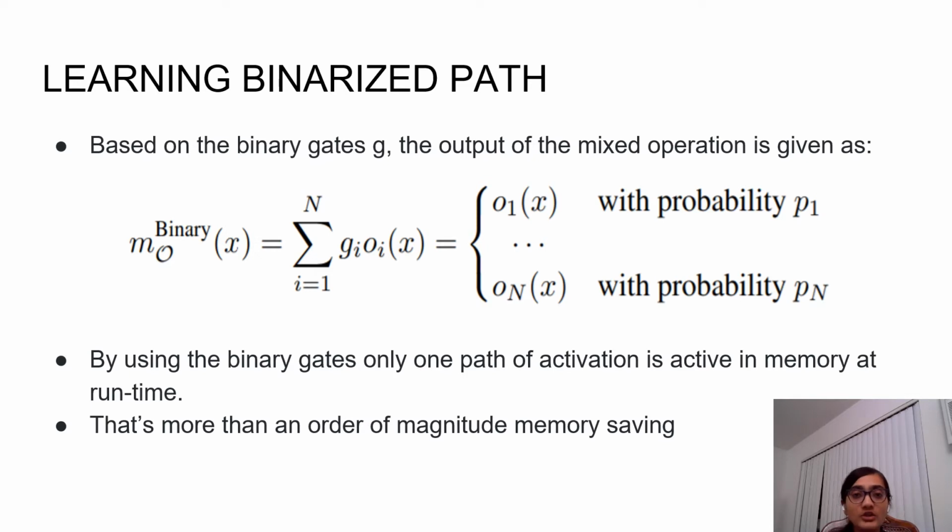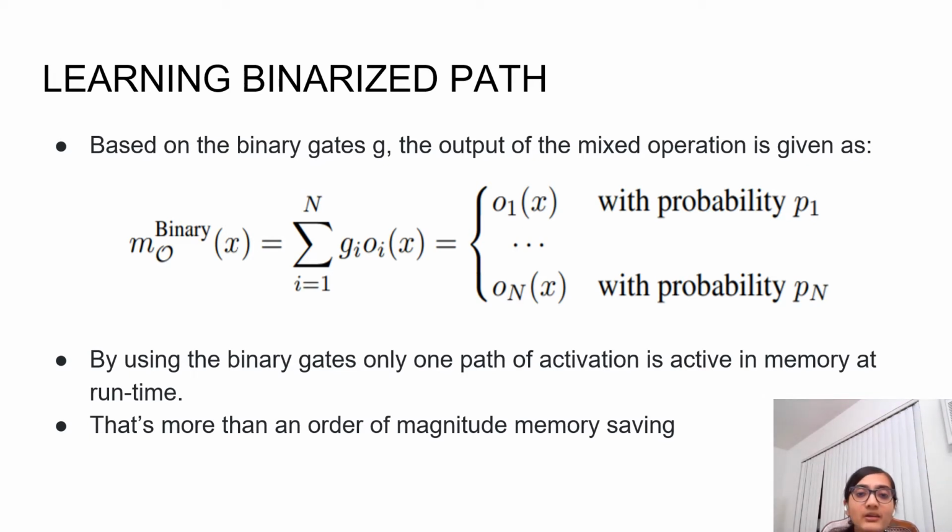So this is the equation which we find for learning a binarized path, based on transforming a particular architecture parameter into a binarized weighted parameter.